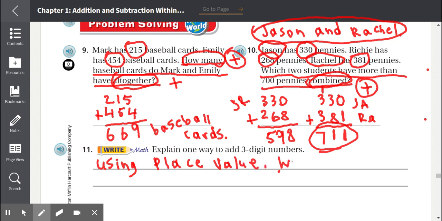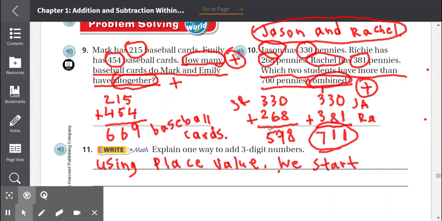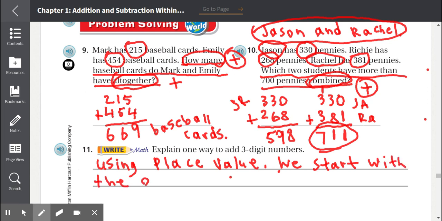And we start with the ones place. Then tens and hundreds.